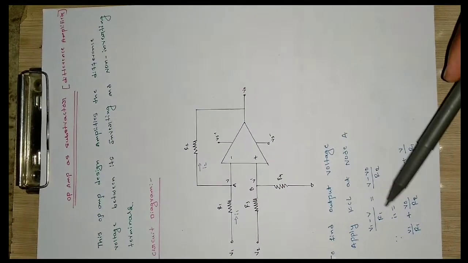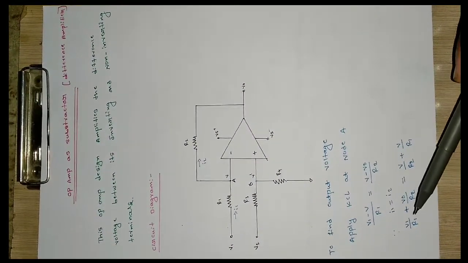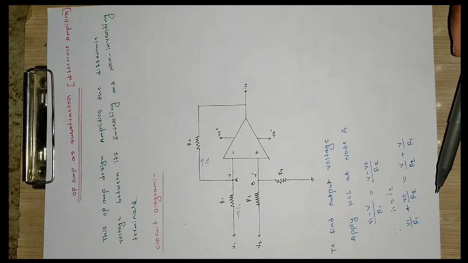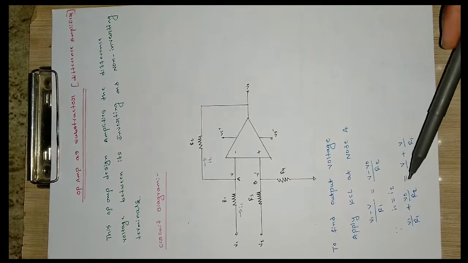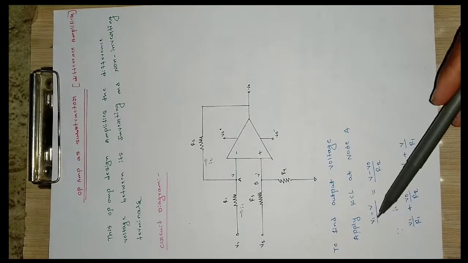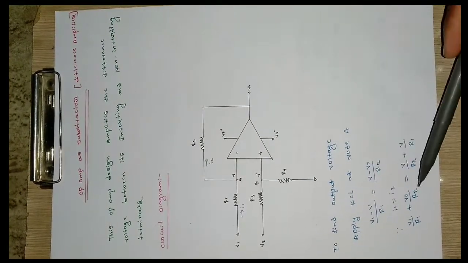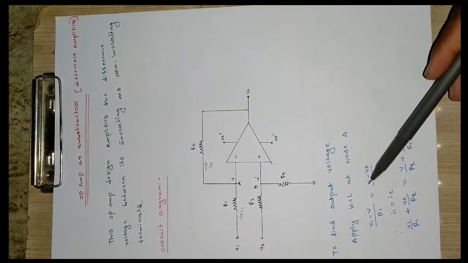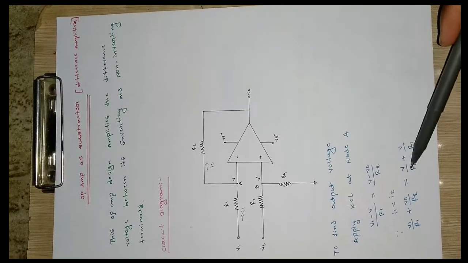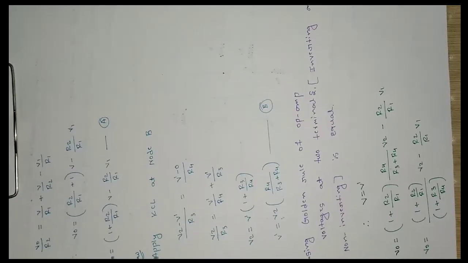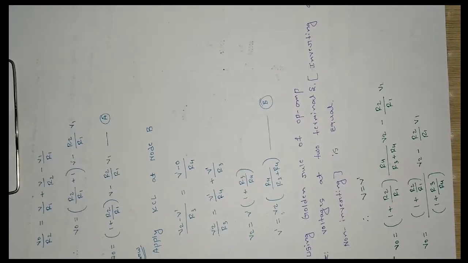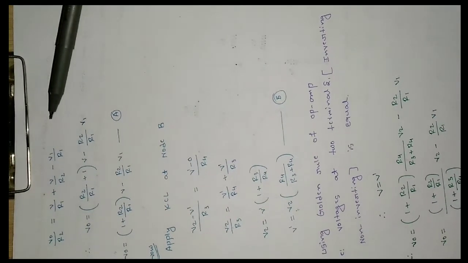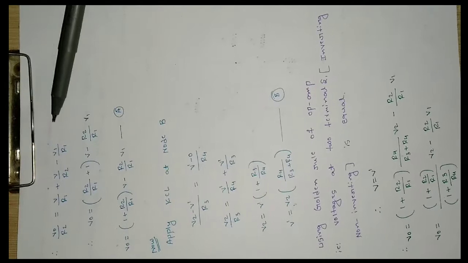Then separate these terms out. I have to bring the V1 and V naught terms together. So V1 by R1 is on one side, and taking the V naught terms to one side, V naught by R2 is equal to V by R1 plus V by R2 minus V1 by R1.